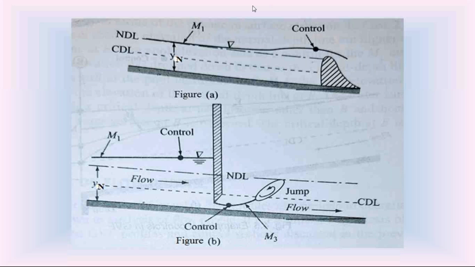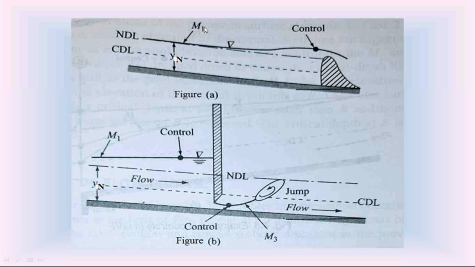Between section 2 and section 3, the length of the water surface profile dx is equal to E2, specific energy at section 2, minus specific energy at section 3, divided by S0 minus SF, that is the average total energy line slope between section 2 and section 3.